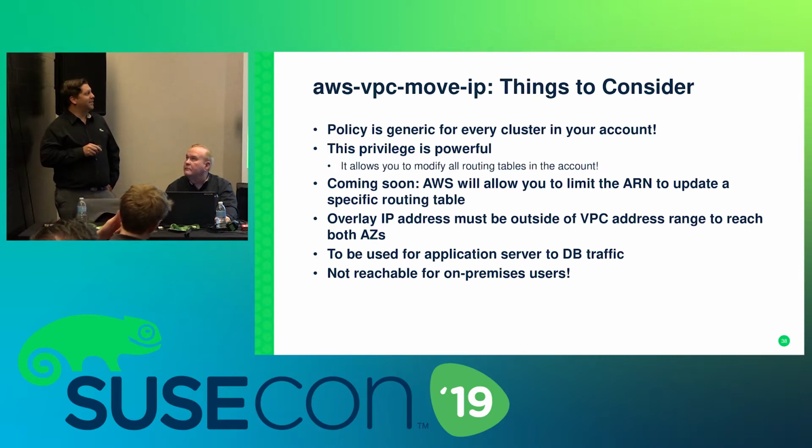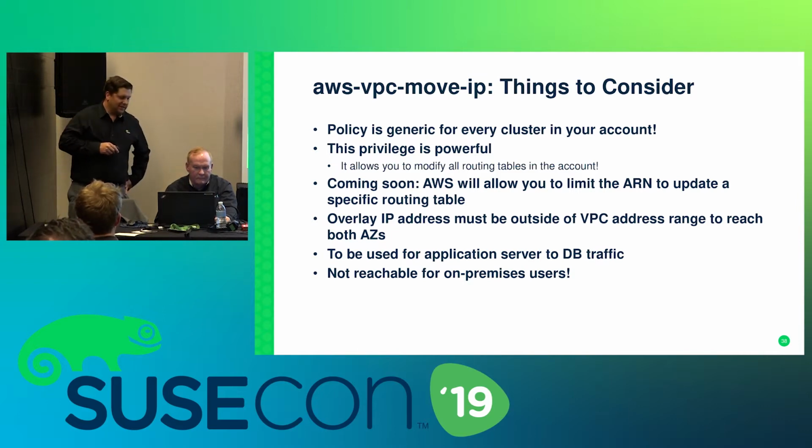So yeah, it's a very powerful tool and privilege, I should say. An important one to mention is the overlay IP address must be outside the VPC address range to reach both availability zones. Okay, so that's key.